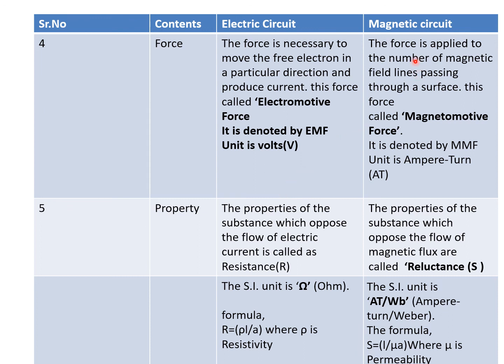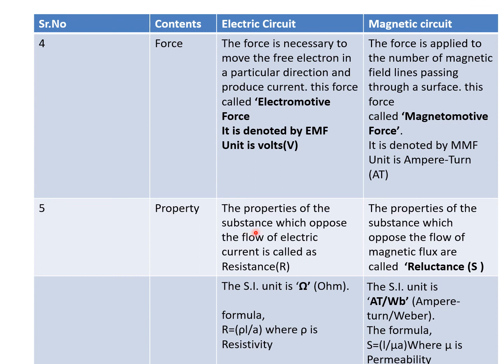In magnetic circuit, the force is applied to the number of magnetic field lines passing through the surface, and this force is called as a magnetomotive force. It is denoted by mmf, and the unit is ampere turn.